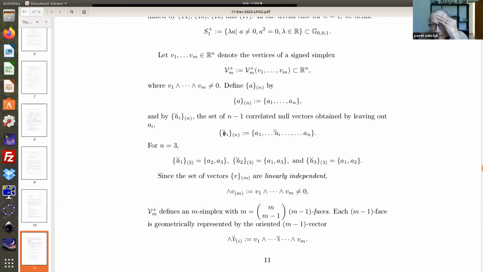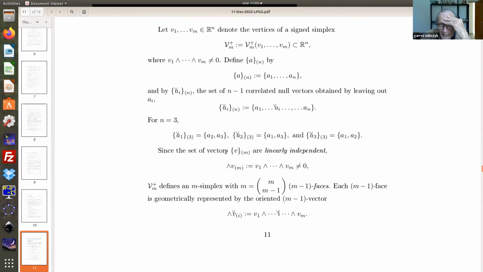We leave out the ith vector and we get a face of the simplex, so if we think about A1 up to An as the end points of a simplex, then we leave off one vector, we get a face of that simplex. So for n equal to 3, for example, these are the faces of the simplex: leave off the one vertex represented by A1, and then we have A1, A3; these are just the faces of the simplex.